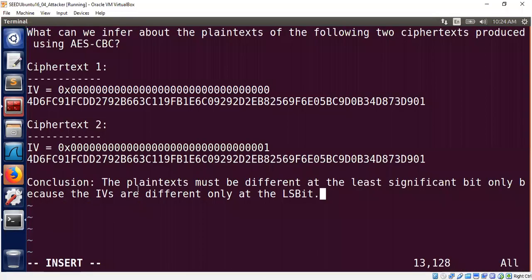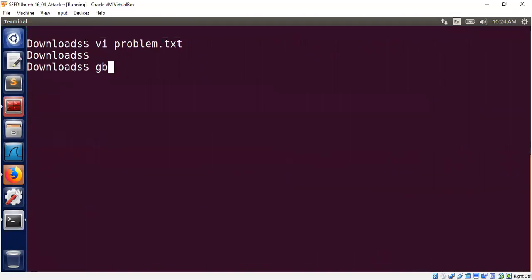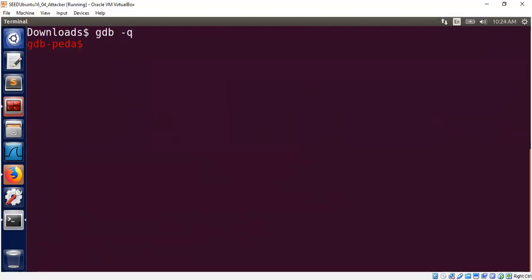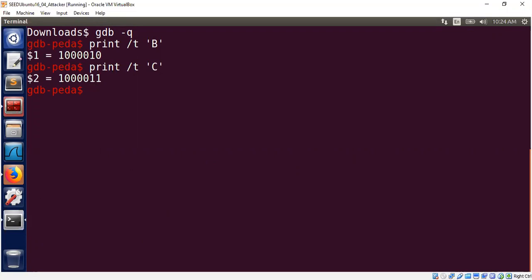If we go to GDB very quickly and look at the bit pattern, print the bit pattern for B, you can see this is the bit pattern for B and this is the bit pattern for C. They only differ from each other at the least significant bit. That's the reason why both the ciphertexts are the same, because the plain texts differ at the position of the least significant bit.